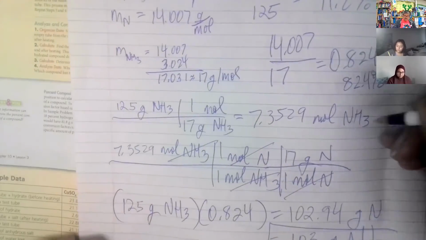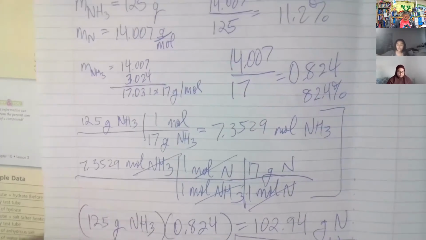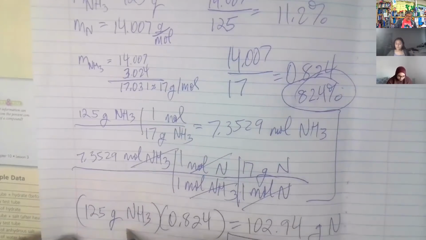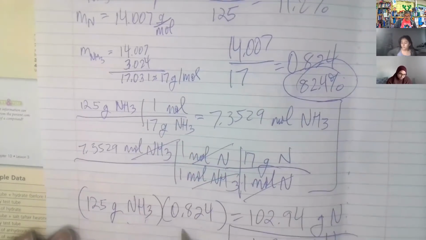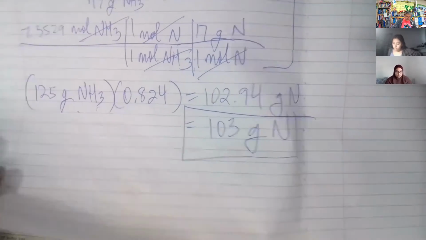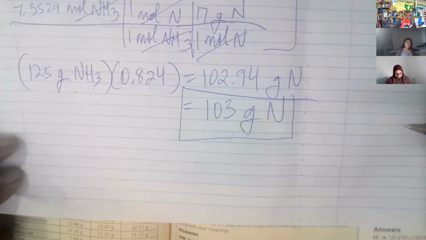Oh my gosh, that was a long one for me because I did this without having to do that. We didn't need to do that part. We just needed 82.4% of 125, which is what happened down here. So that's why the answer is 103 grams for 37A. Whew.